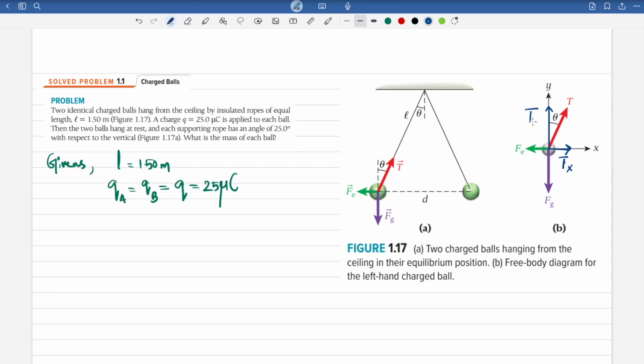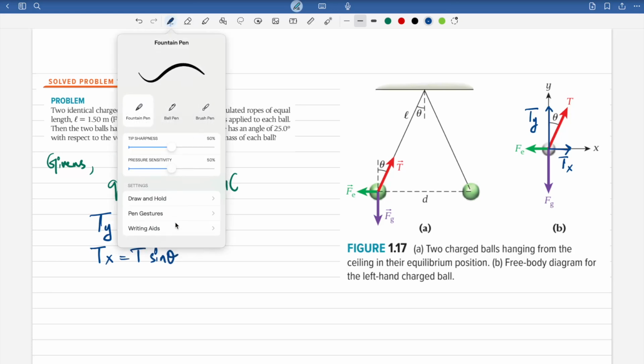This is the y component of tension. There is a shortcut to find the components. Theta is touching Ty, right? So Ty equals T cosine theta, and Tx equals T sine theta.